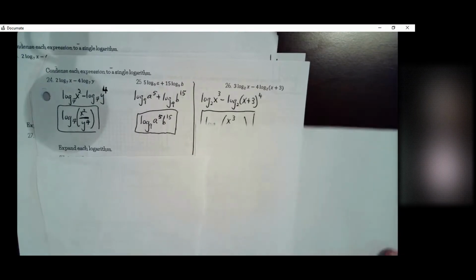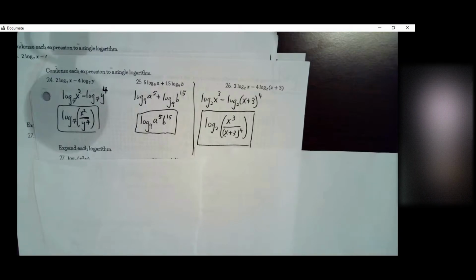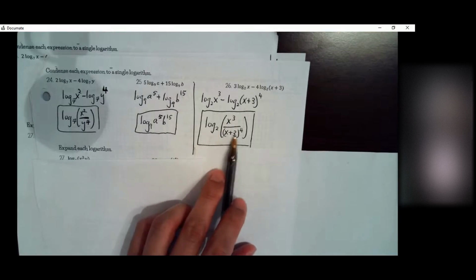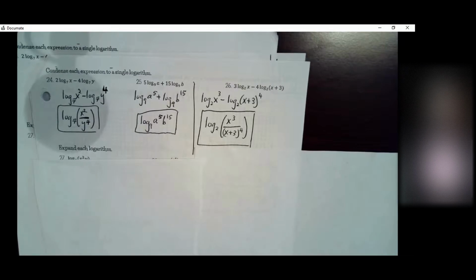Log squared x to the third over x plus 3 to the fourth for 26. Do I need to make sure that whole thing's in parentheses? Yeah, definitely. I would say those parentheses are needed.